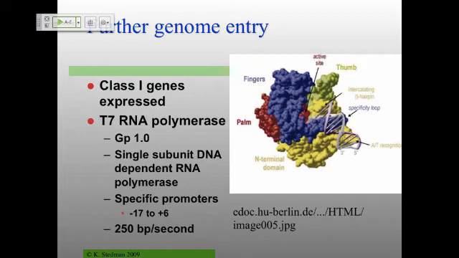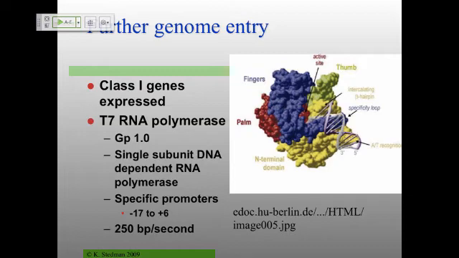But here, T7 RNA polymerase is a single subunit DNA-dependent RNA polymerase. And so this is extremely useful for biotechnology because you don't need to make all these extra subunits and put them back together. And it recognizes a sequence that's completely different than the bacterial promoter sequence.